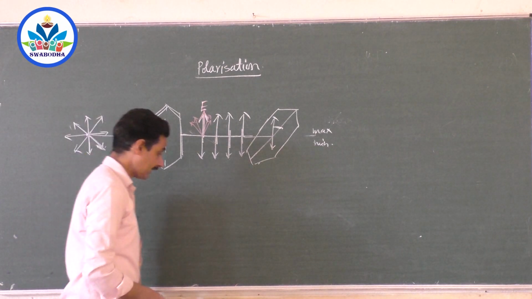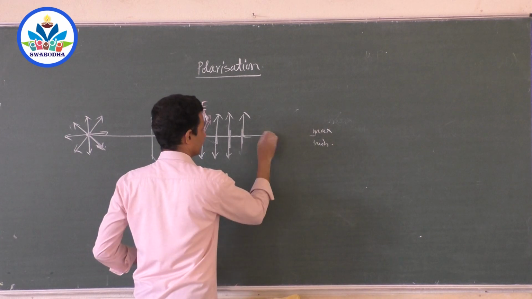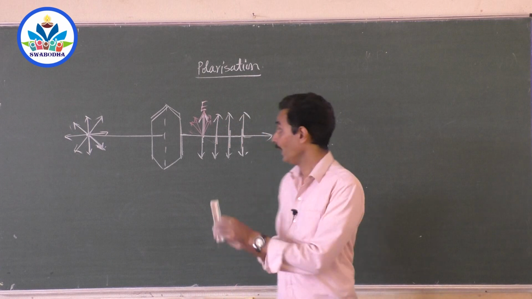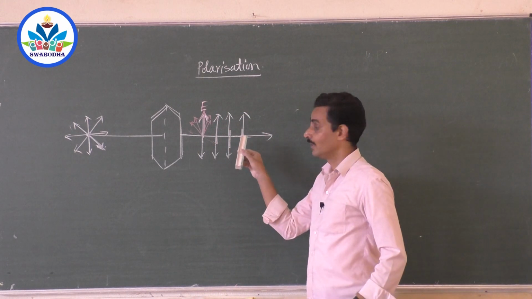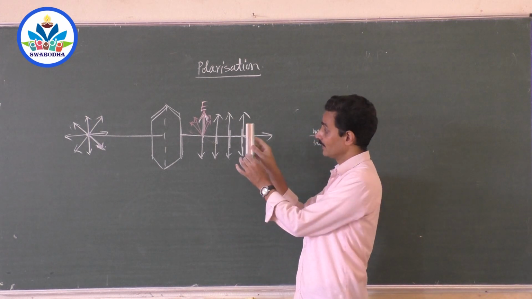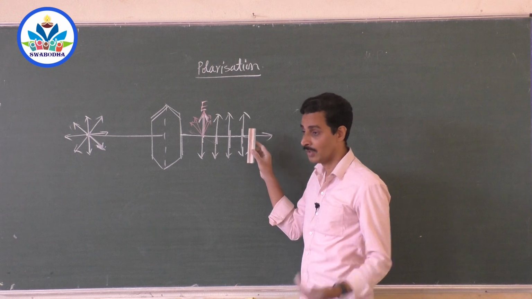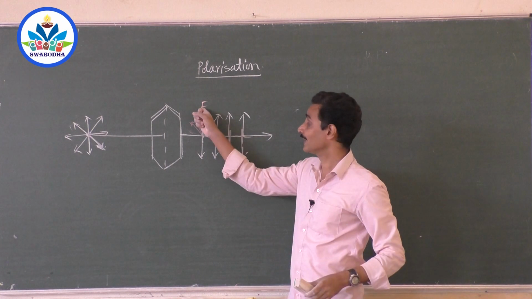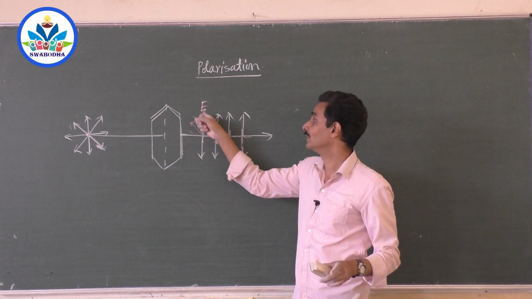Now, when you turn the analyzer, I would have to rub this again and again and draw it. That's a headache, right? I will take the duster and show it. Now, when I turn the analyzer like this, what happens? When the analyzer is parallel to the electric field, the main electric field vector, most of the components were passing through it. Because if this is the resultant electric field, almost all the components should be in this direction.